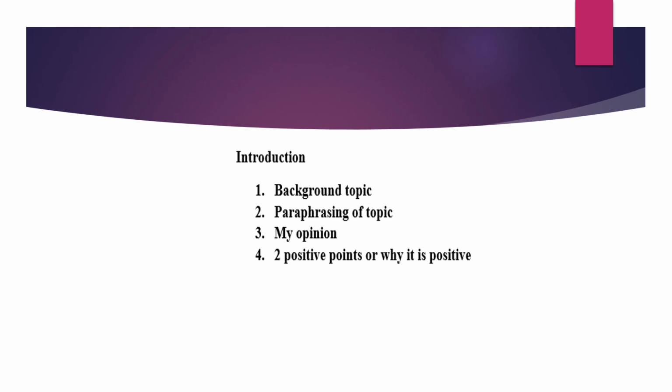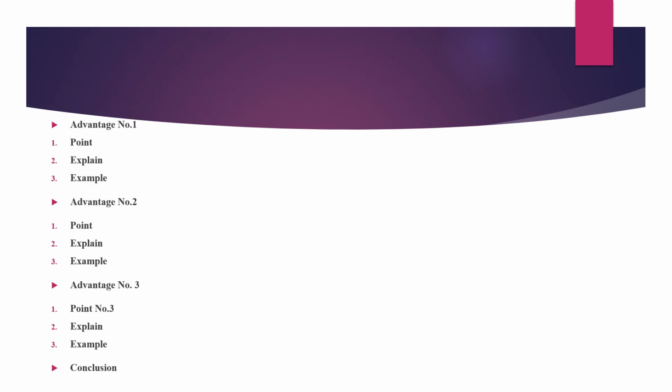And if you want to go for the negative development essay, you need to mention the negative points. Over here you need to mention advantage number one in the second paragraph, then advantage number two and advantage number three, and then later on we will be discussing the conclusion paragraph.